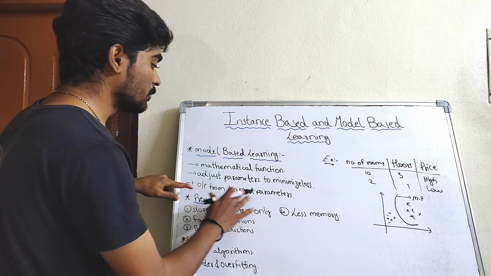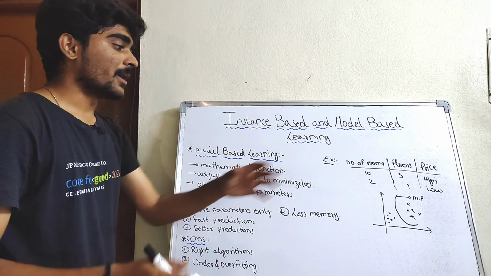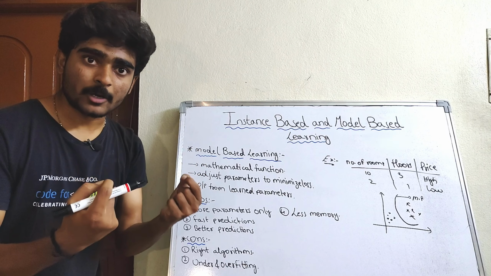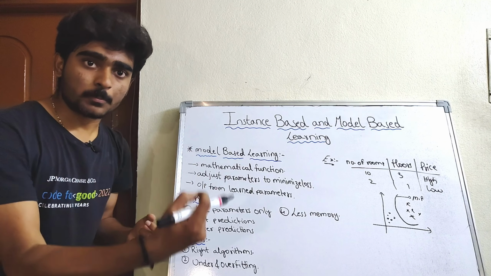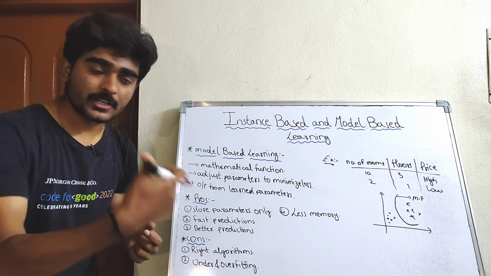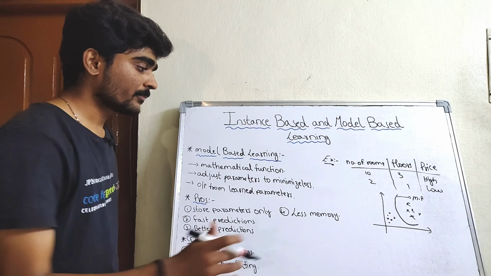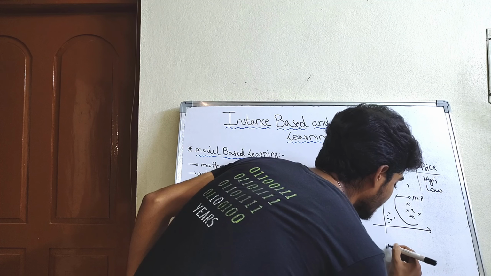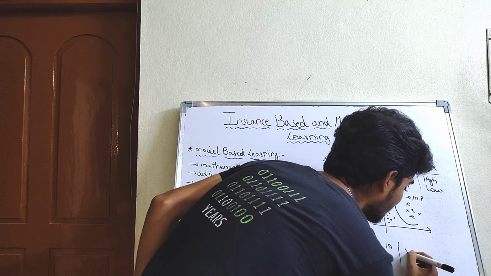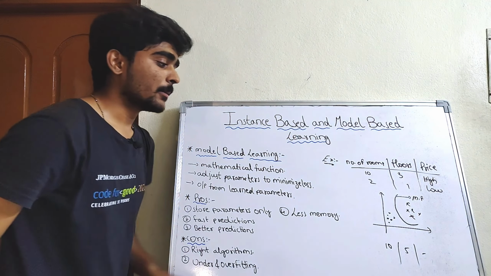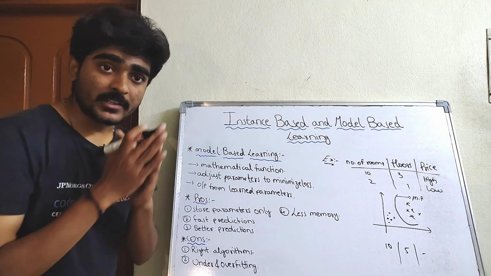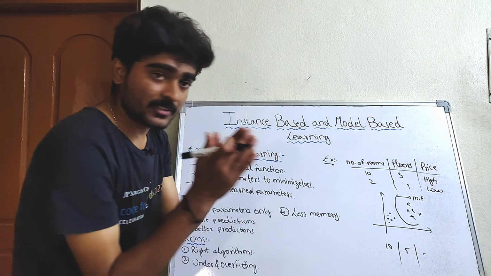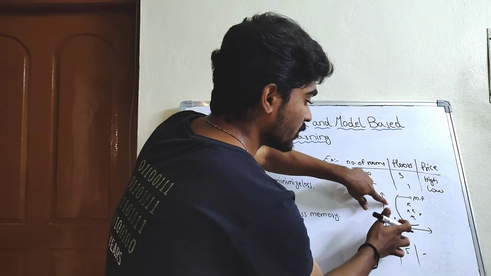Third is output from learned parameters. We'll have the output based on these learned parameters; they affect our predicted output. Now let us say we have a test data point with 10 rooms and 5 floors, and we need to predict the price of the house. We consider these features and plot them. Just remember the decision boundary; after taking it, we take our test data and plot it over here.